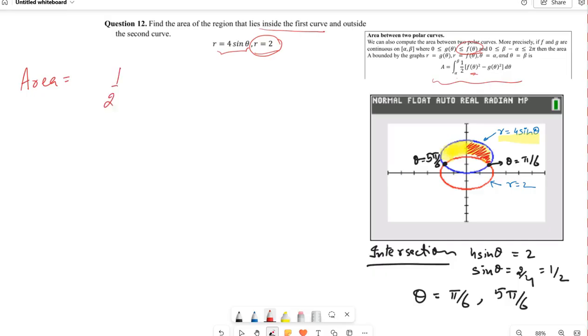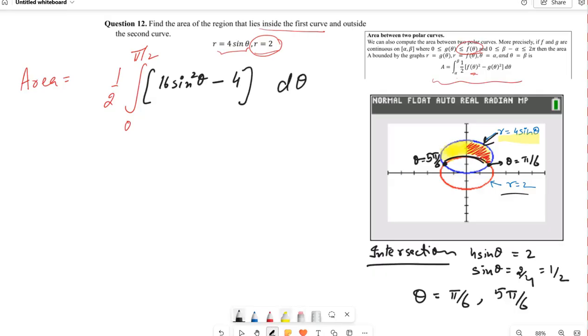It's going to be half, from 0 to pi by 2, of f of theta squared, which is the outside squared, that is (4 sine theta) squared. So that is going to be 16 sine squared theta minus the inside graph, which is 2 squared, which is just 4, with respect to theta.